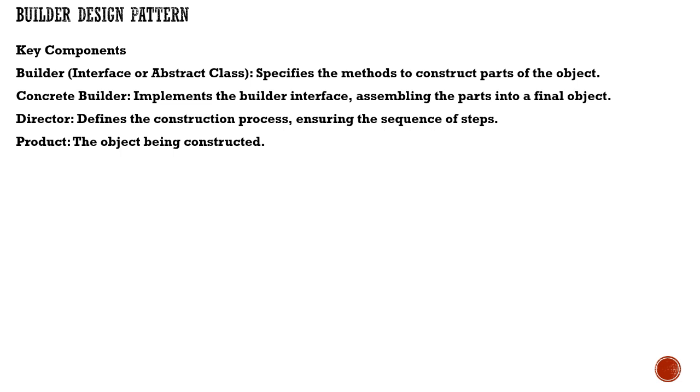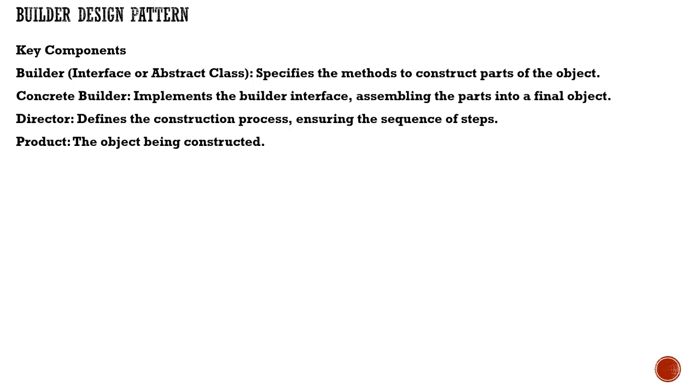Next is the concrete builder, which implements the builder interface we have written and assembles the parts into a final object, creating the final object step by step. The director defines the construction process and ensures what sequence should be followed, so it gives the direction.